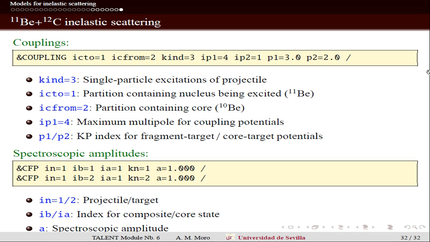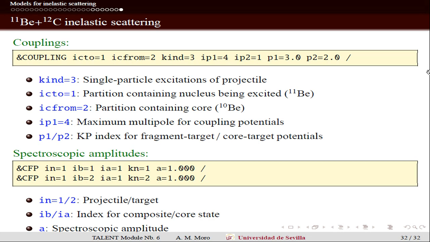And finally, these are the spectroscopic amplitudes, because remember, in general, every time we define an overlap, you have the composite system and the core, you make the overlap between these wave functions, and this is represented by some spectroscopic amplitude times some unit normalized wave function.